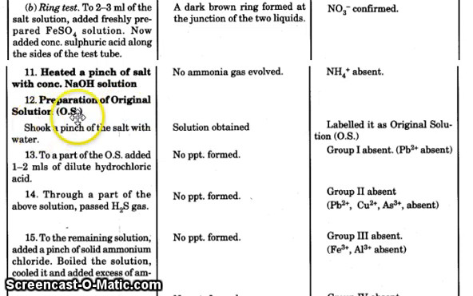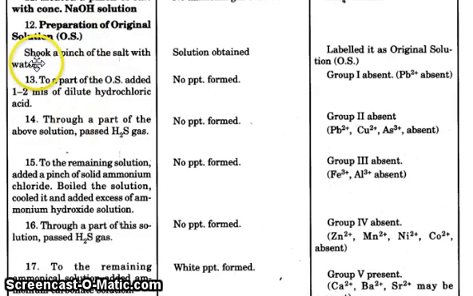Preparation of original solution, OS. Took a pinch of the salt with water, a solution was obtained, then labeled it as original solution. To a part of the original solution, added 1 to 2 ml of dilute hydrochloric acid. No precipitate formed, group 1 absent, Pb2+ absent.